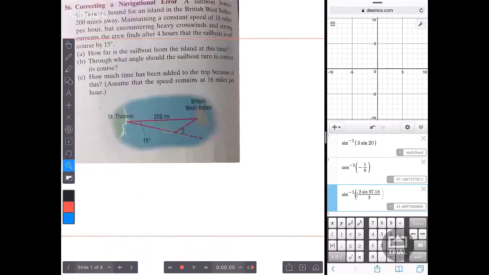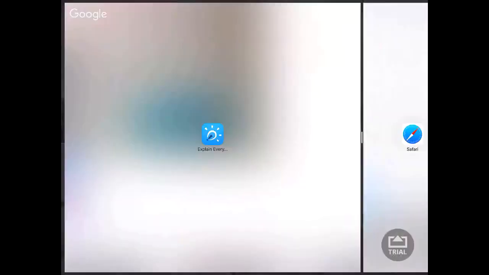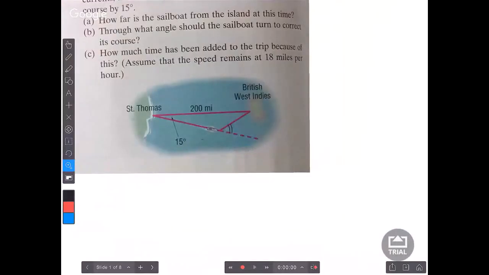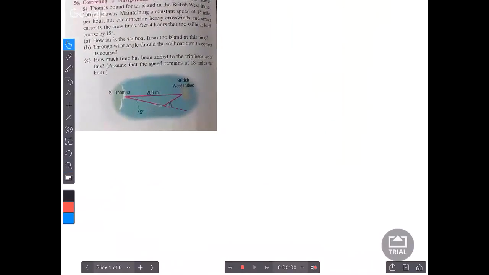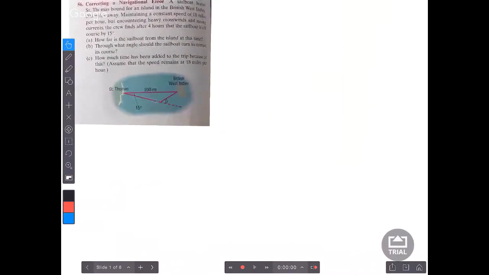How colonial. 200 miles away. Maintaining a constant speed of 18 miles per hour, but encountering heavy crosswinds and strong currents, the crew finds, after 4 hours, that the sailboat is off course by 15 degrees. Oh no. How far is the sailboat from the island at this time?